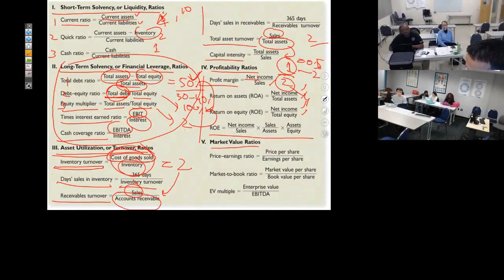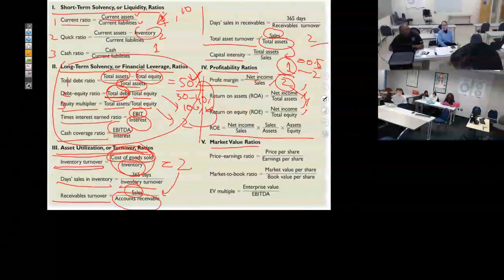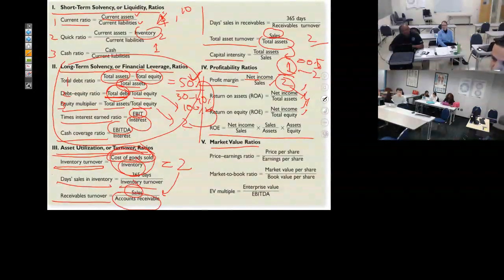So in order to find return on equity, it says you can multiply profit margin times what? Sales over assets, total assets turnover, right? Times assets over equity. Where is assets over equity? Equity multiplier?